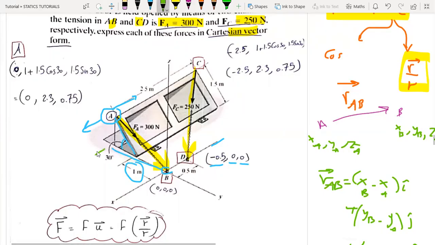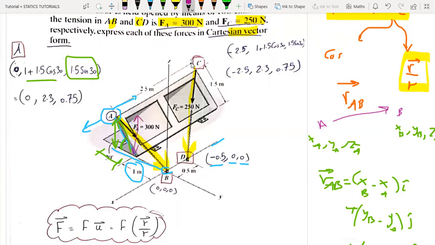So here it is 1.5 cosine 30, so 1 plus 1.5 cosine 30. What about in the z direction? This distance will be 1.5 sine 30. Here is 1.5; if we take the sine of the angle, we get this length. So 1.5 sine 30.